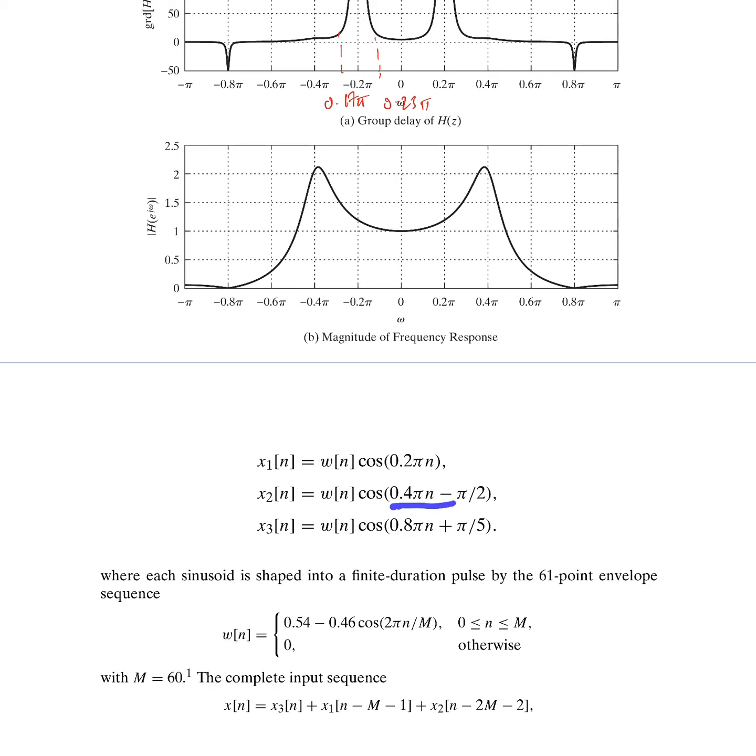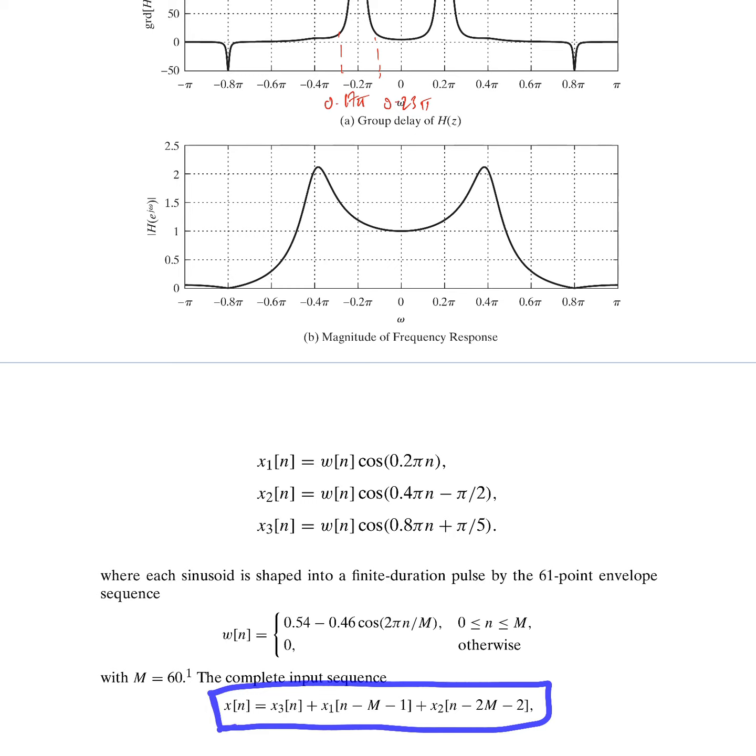Similarly, the second component is shifted by minus pi by 2 and at a bit higher frequency. Similarly, the frequency of the third component of the signal is higher, shifted by plus pi by 2, where w(n) is given by this, with M equal to 60. Okay, so the complete input sequence can be defined by this.